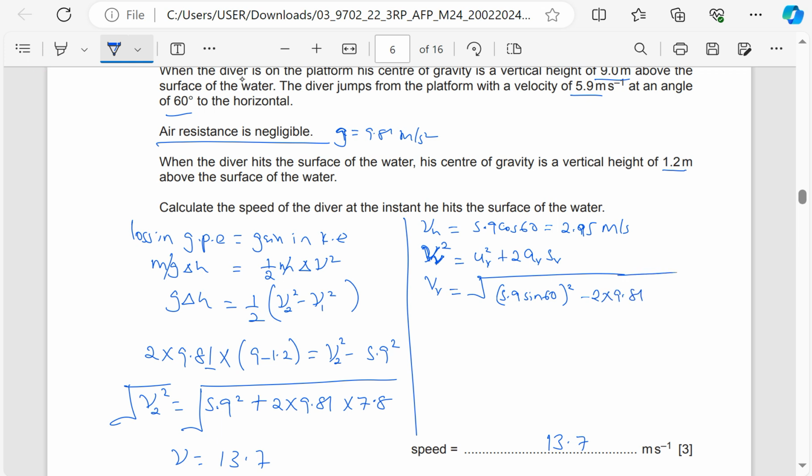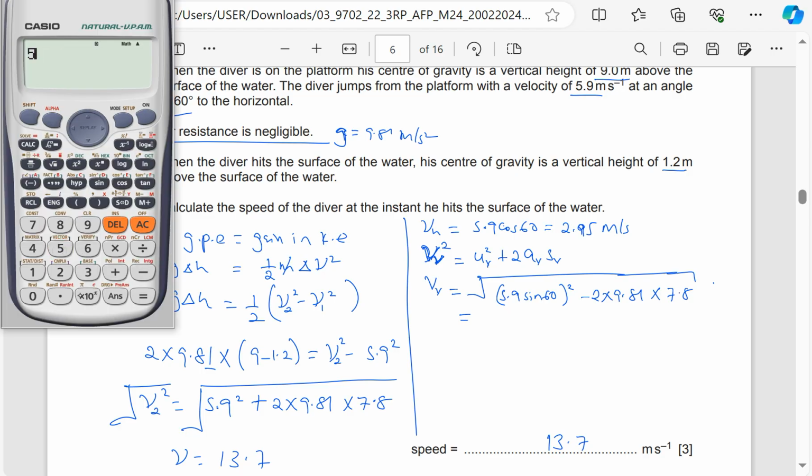Of course, the vertical distance remains the same, times 7.8. Okay, so we can press our calculator here. 5.9 sine of 60, but this should be squared. Then minus 2 times 9.81 times 7.8.